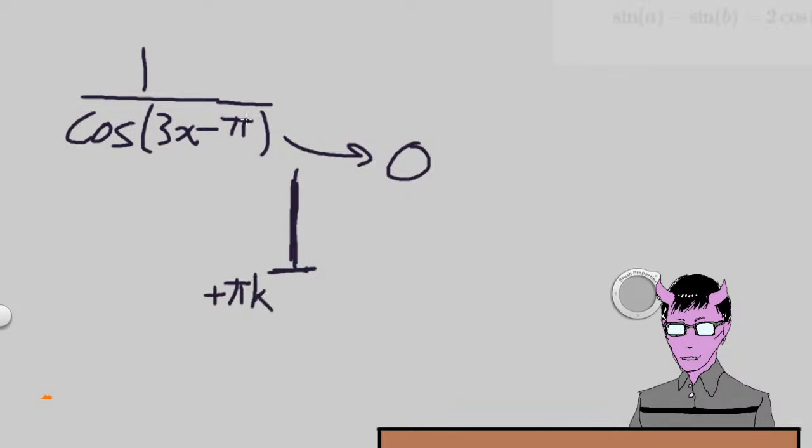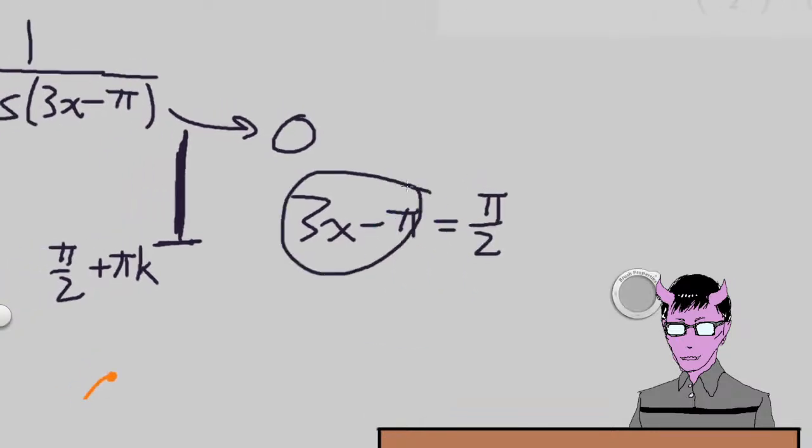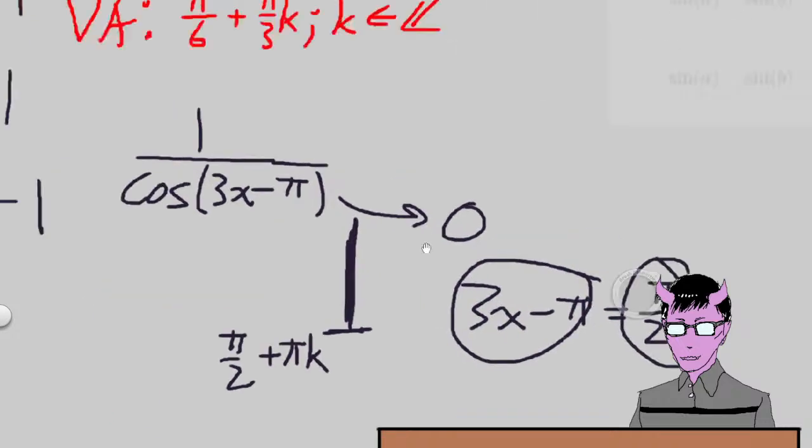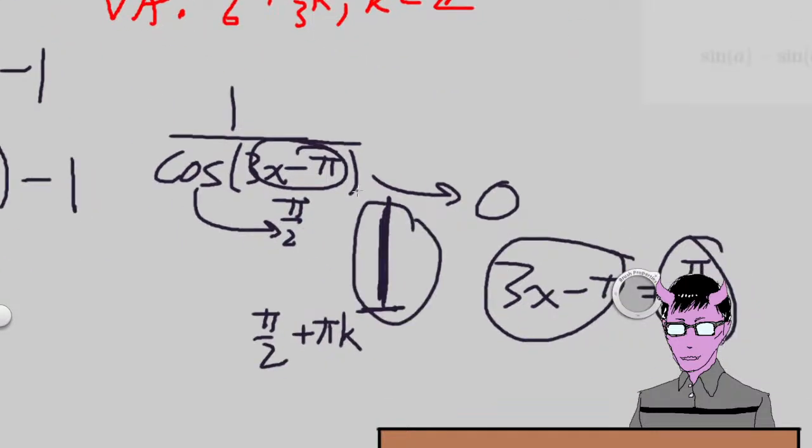So first, we're just going to force this part to be equal to this one right here, which is going to be pi over 2. So you take the 3x minus pi and we force it to be equal to pi over 2. Because if this thing as a whole ends up being pi over 2, then cosine of that interquadrant angle, which is this one, has a 0 adjacent, which results in 0 as a ratio.